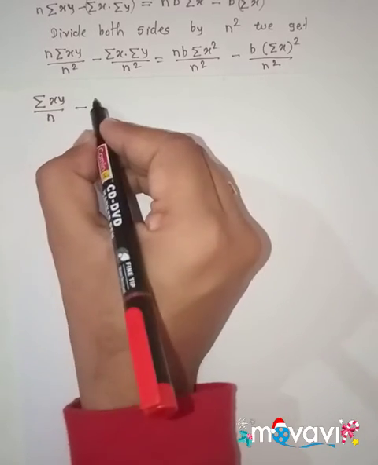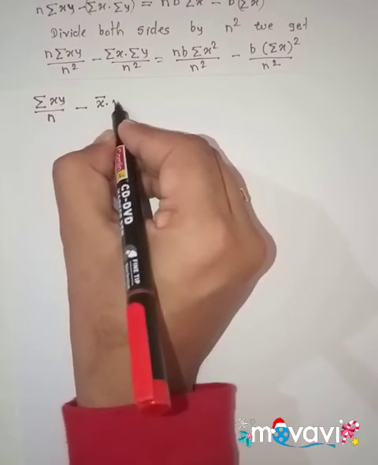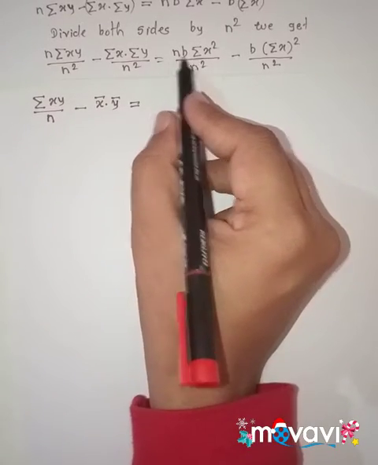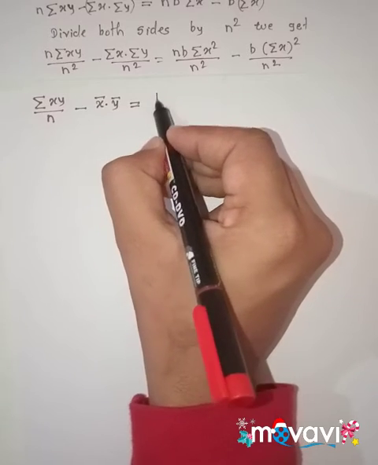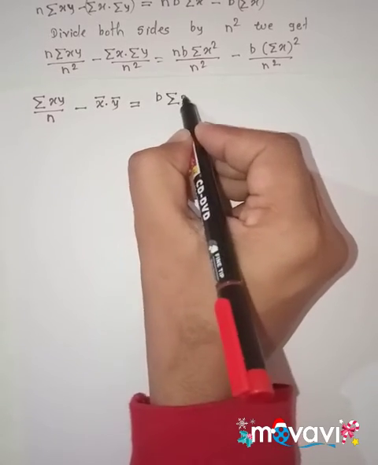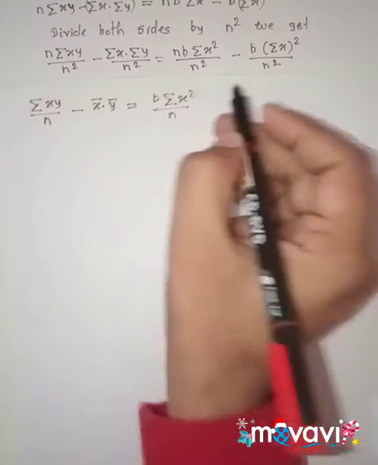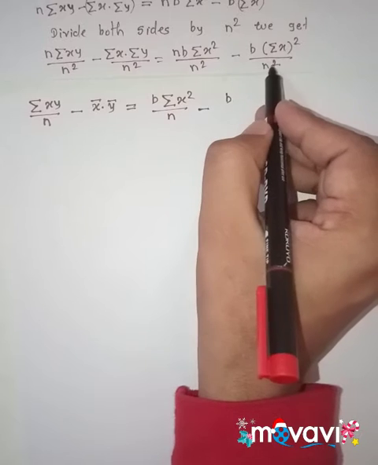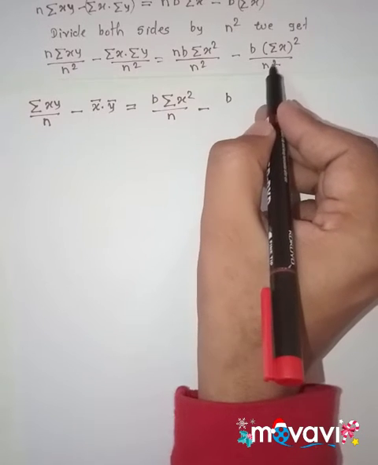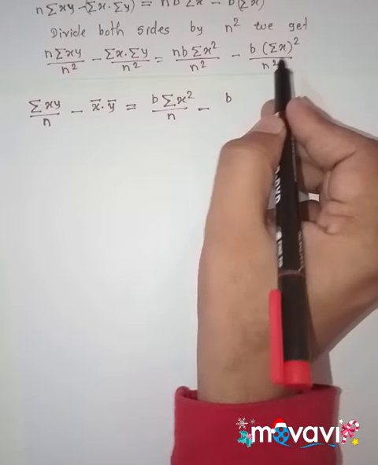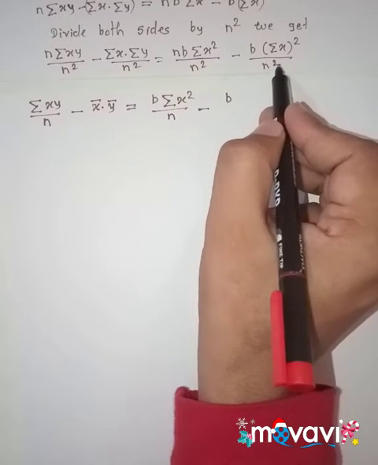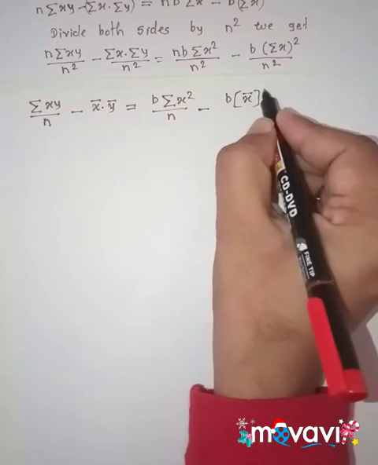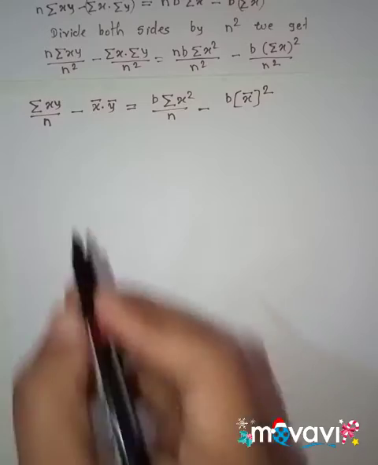So summation xy upon n minus x bar into y bar is equal to, here this one n is cancelled with this one n, and the remaining term is b summation x square upon n minus b, here summation x bracket square upon n square, we can write this as summation x upon n bracket square, and summation x upon n is nothing but x bar, means x bar bracket square. So b in bracket x bar bracket square.